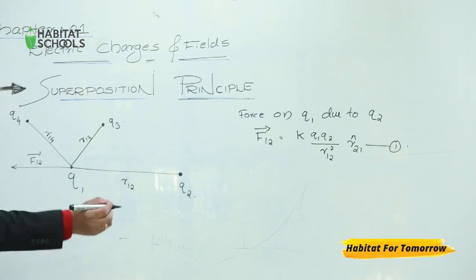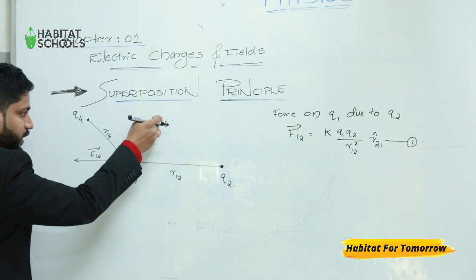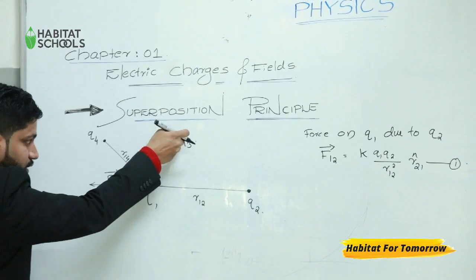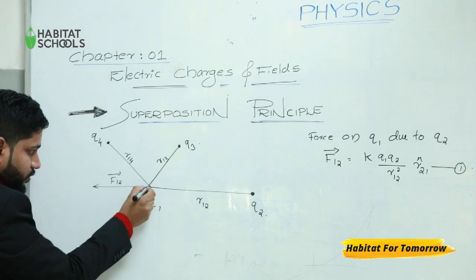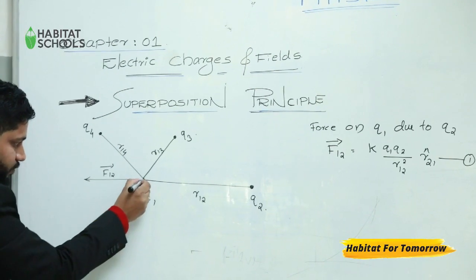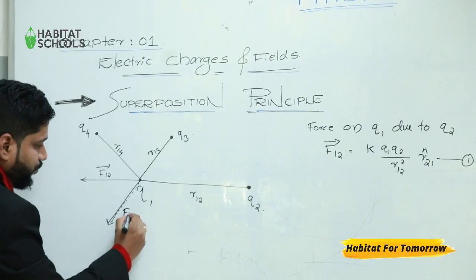At the next stage, what is the electrostatic force on Q1 due to Q3? For Q1 due to Q3, the force direction will be here. So here you get F13.